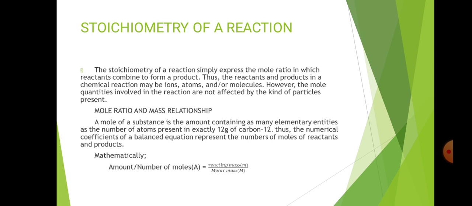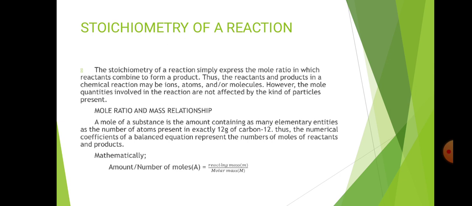So if A reacts with B to give C and D, and we have 2 of A reacting with 1 of B to give 3 of C and 1 of D, the mole ratio is the coefficient of A reacting with that of B to give C and D.